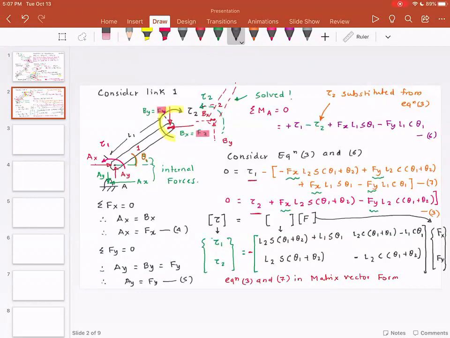So what does this mean? This equation is relating external forces to the joint torques, and this equation is super important. Now this matrix that we have over here, can someone tell me what is this matrix?